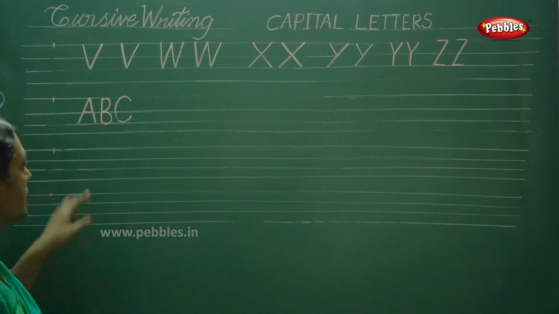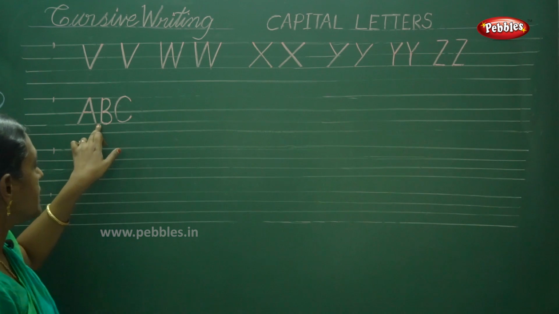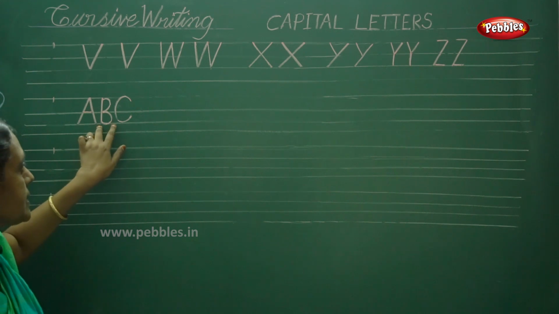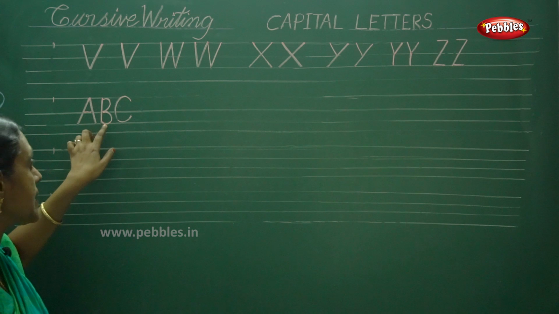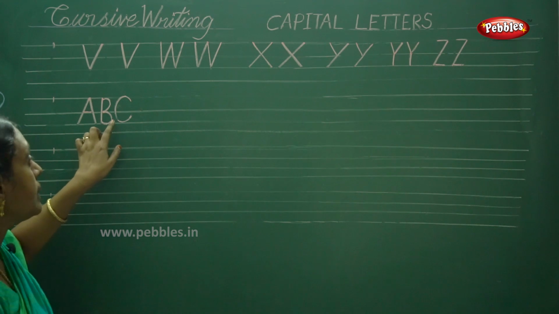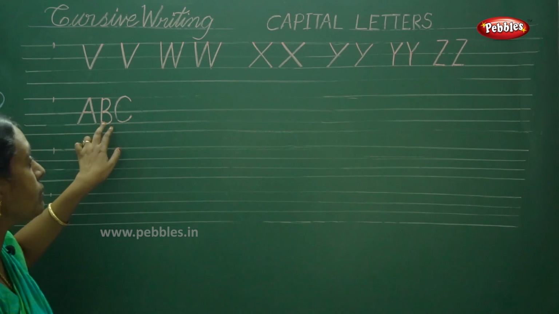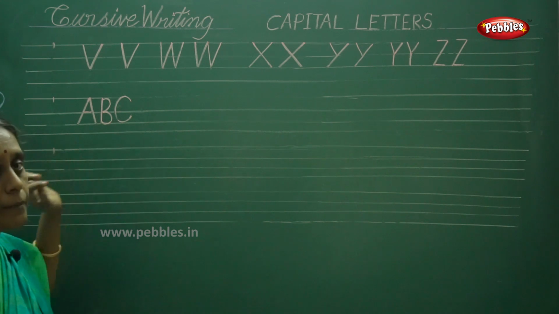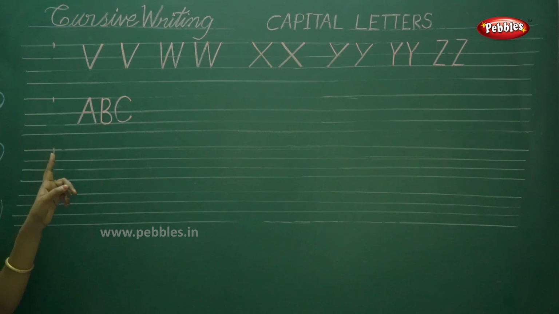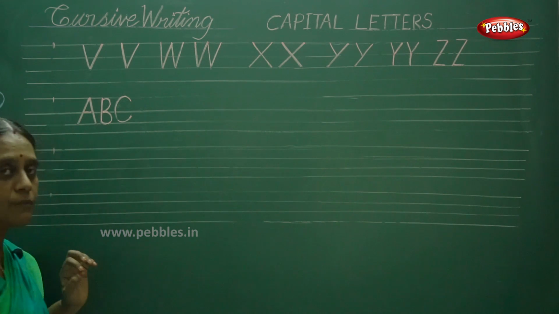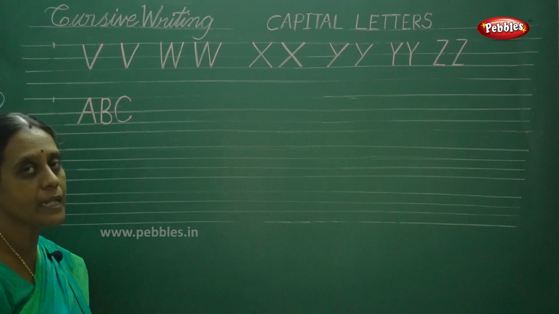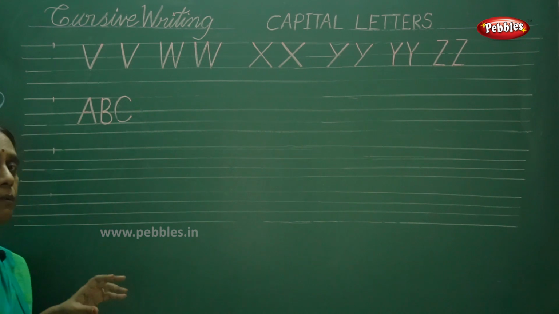Okay, listen here, the space between the first two alphabets is similar, the same size as the space between the second and third alphabet. Okay, listen and follow this method. This is the correct way of applying your capital letters, how to write words.